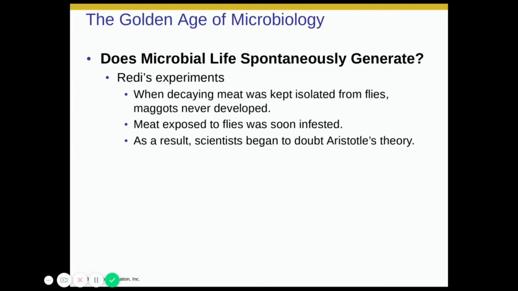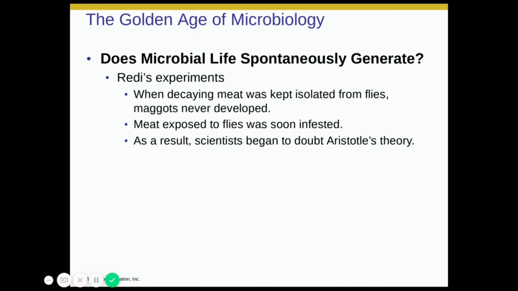So one of the first experiments that was crucial in this was the experiment done by Redi. Redi was an Italian physician who challenged that whole thought of abiogenesis. And the way he did that is by using meat, right? What he noticed is that maggots always tend to form on meat.